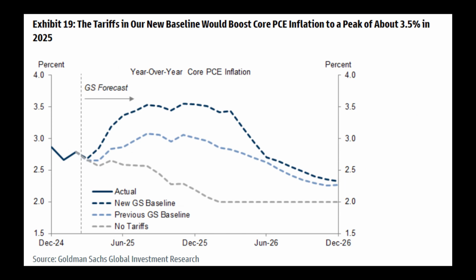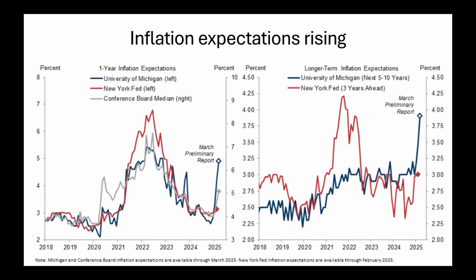So this is the assessment, and now this is what the inflation expectations look like, and the only one that's really reacted so far is the Michigan index. There's a survey that the University of Michigan conducts, asking about people's inflation expectations, and the March preliminary report basically just jumped, based on a lot of people talking about tariffs, a lot higher than usual.